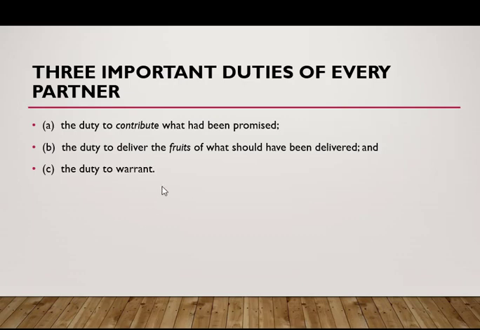The duty to warrant, or obligation to warrant, applies in case what you've promised are specific or determinate things that you want to contribute to the partnership. Let's say, for example, you've promised to deliver a building, then it turns out there is a problem. You should be notified of that by the partnership.